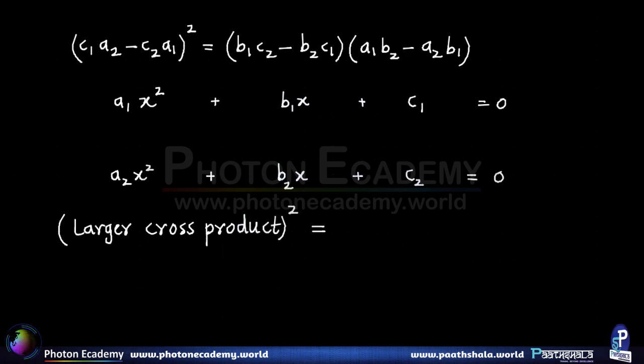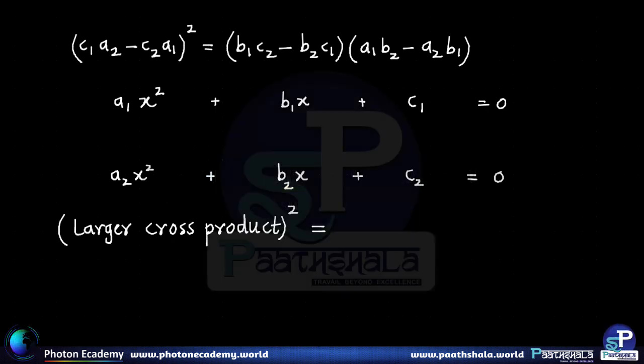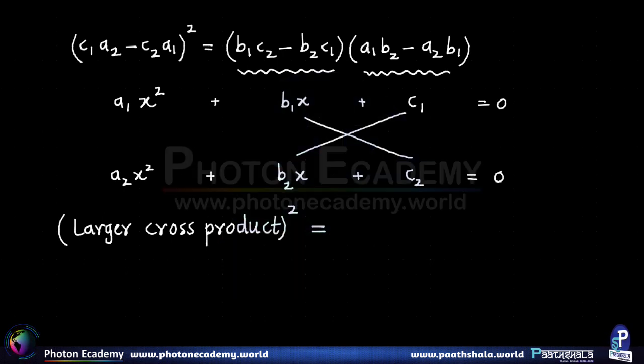By cross product we mean the subtraction of two cross products, that is, the larger cross product squared is equal to... now let's consider this particular expression, that is b1c2 minus b2c1, which is nothing but a smaller cross product, and the remaining one is a1b2 minus a2b1.